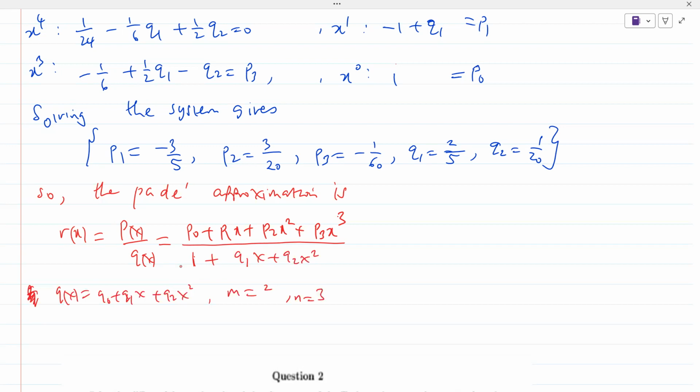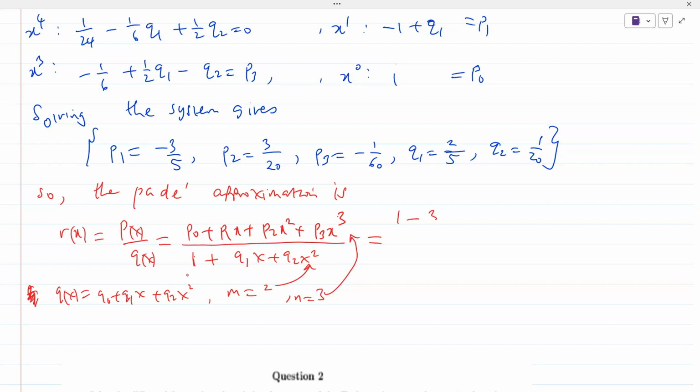So we understand that the n is for the top and the m is for the bottom. So you can see the m is 2. Right, so what is p naught and everything? What is p1? We'll see that this is 1 minus p1x. The p1 is actually minus 3 out of 5.